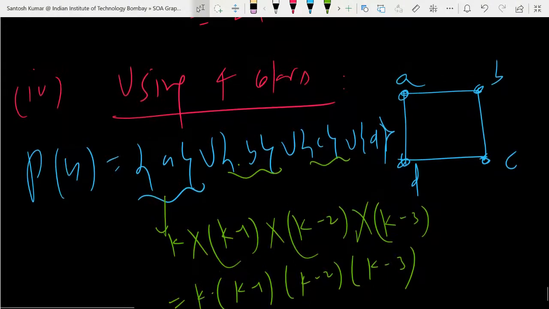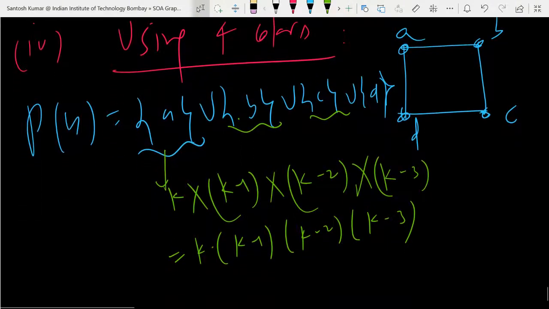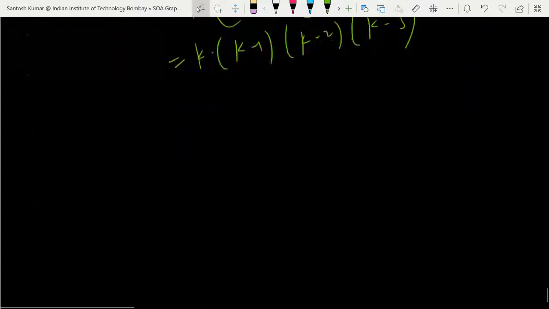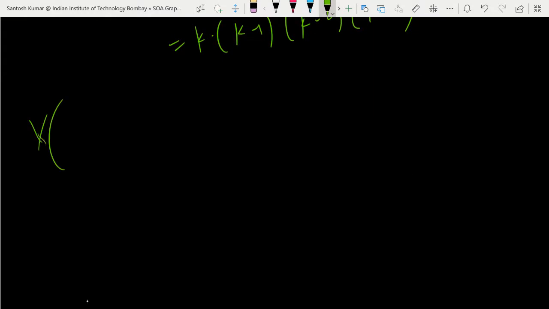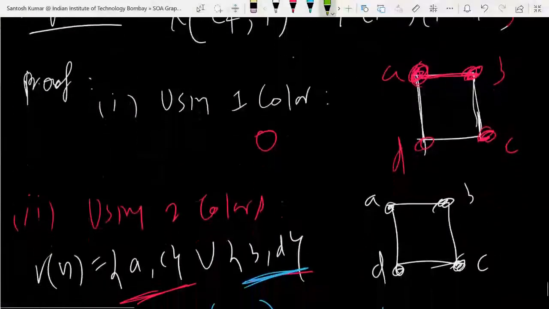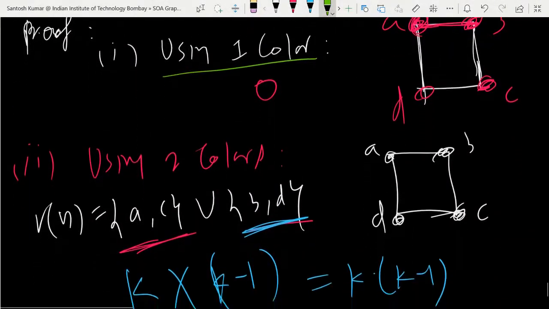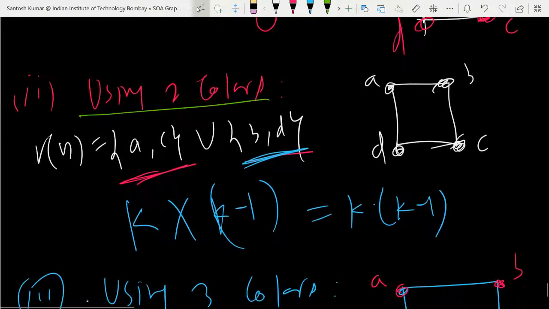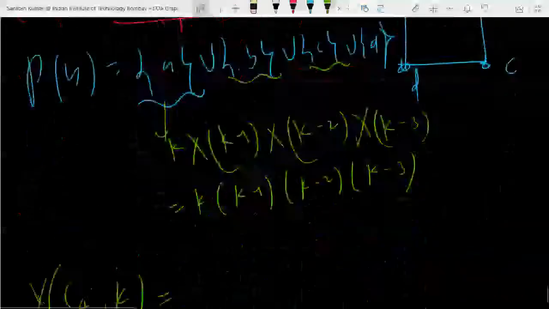Again, a fifth case you cannot take. If you take a fifth, you are using 5 colors, but you have only 4 vertices. So you can use at most 4 colors to color this, so you cannot use more cases. So finally, what is the total number of ways of coloring C4 using K colors? In the first case it was 0, since using one color you cannot do that, and using two colors it was K into K minus 1.